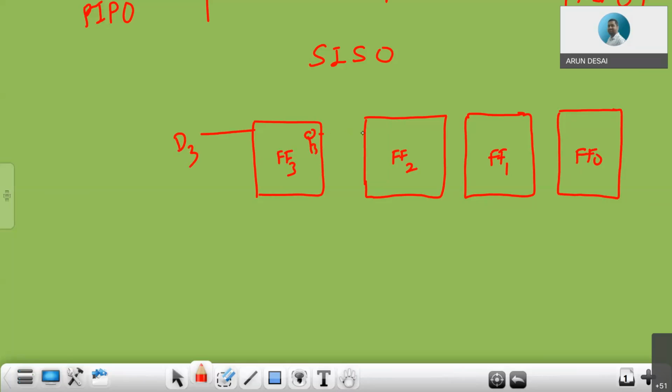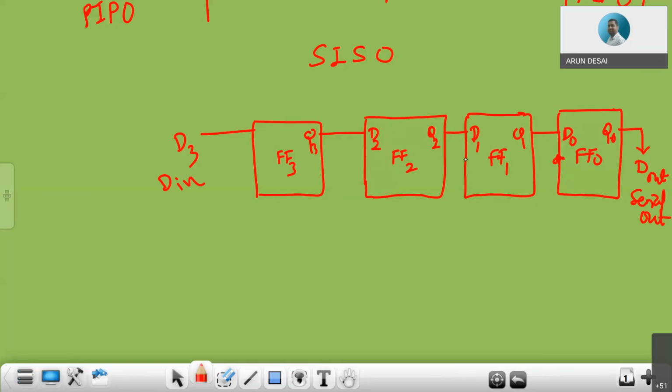Q3 is connected as D2. Q2 is connected as D1. Q1 is connected as D0. And from here it is Q0. So data is entered from here and we get our data out from here. So this is serial out, right?